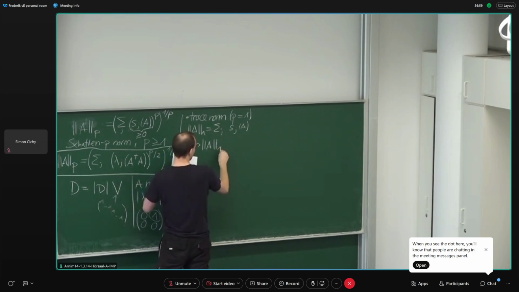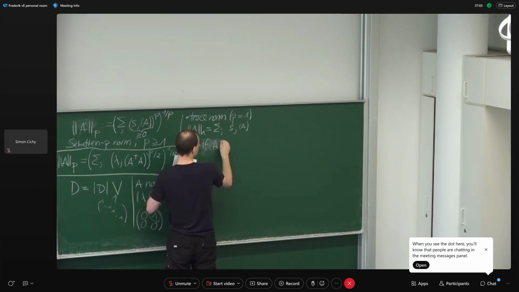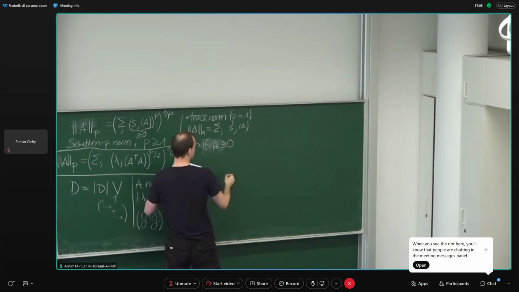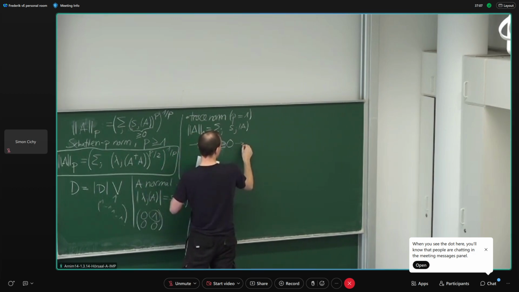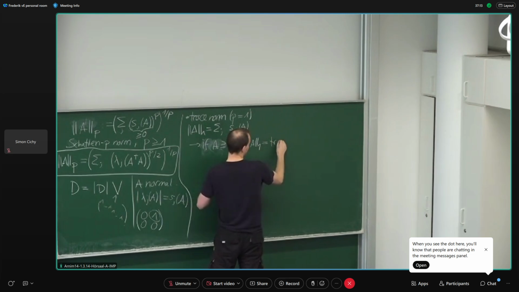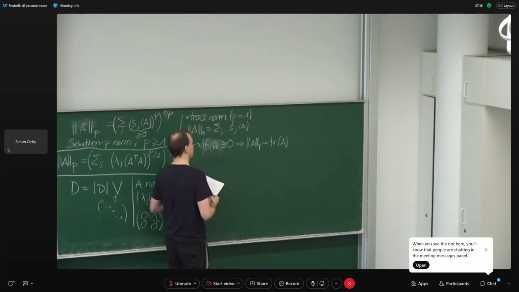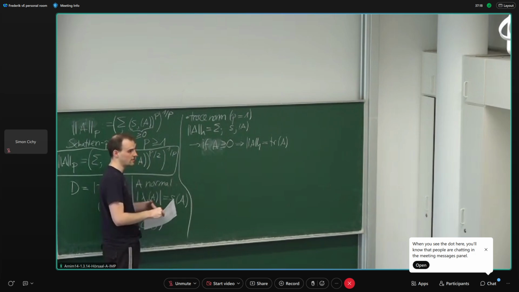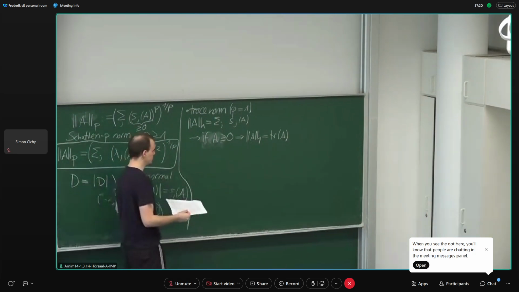Importantly, if A were a state already, so if A is positive, then the trace norm is the same thing as the trace, because then the singular values are exactly equal to the eigenvalues.